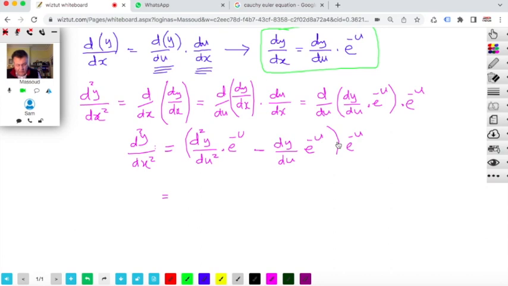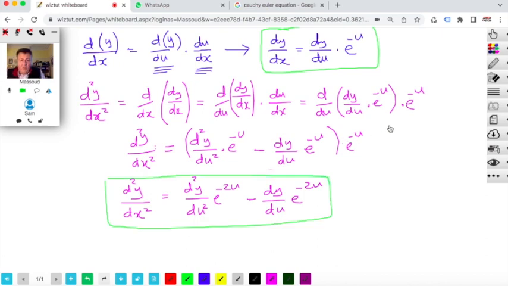So we'll have the second differential d2y dx squared, which in fact we found in terms of du to be equal to d2y du squared e to the power of minus 2u, and then minus dy du e to the power of minus 2u. I'm basically multiplying this in. So this is our second differential.